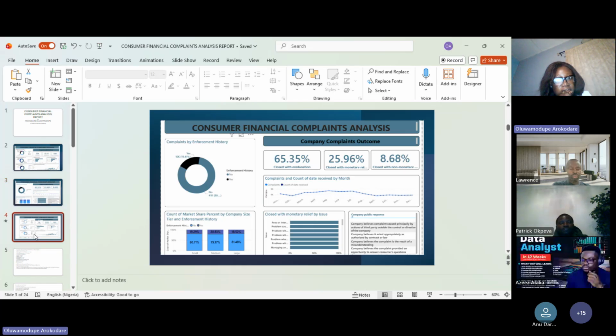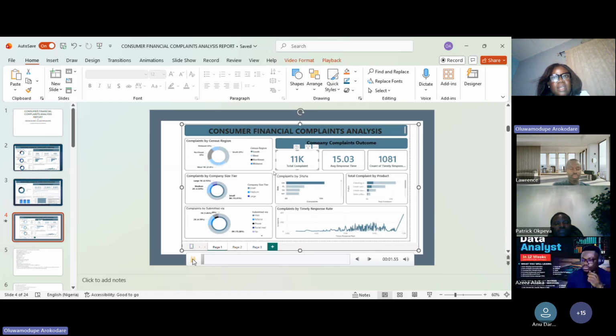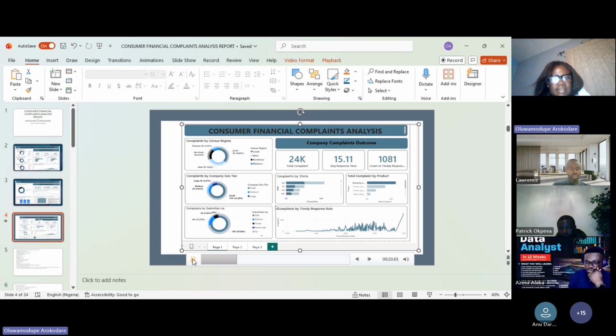Now, this is like an overview of the whole dashboard, and now it's interacting. Like the total number of complaints when it comes to California, Florida, Texas, New York. When you click on New York, it shows the other parameters that are going on in that region, maybe by census region, by size tier.